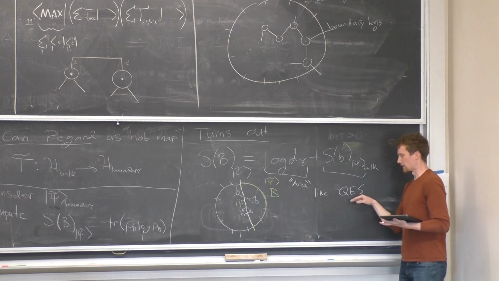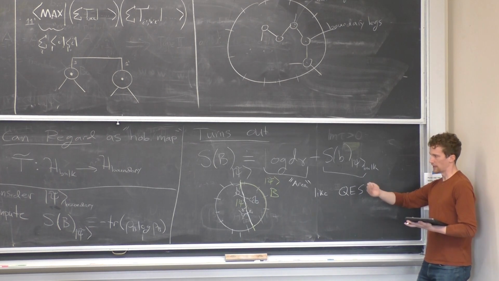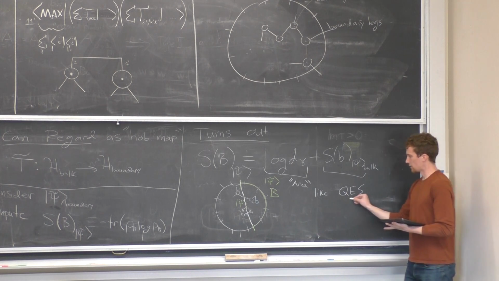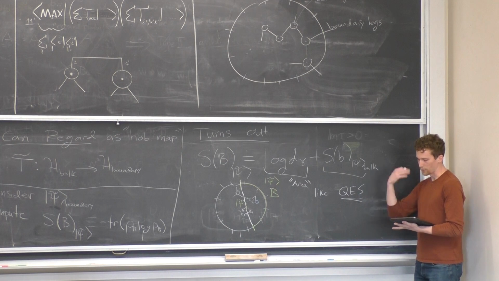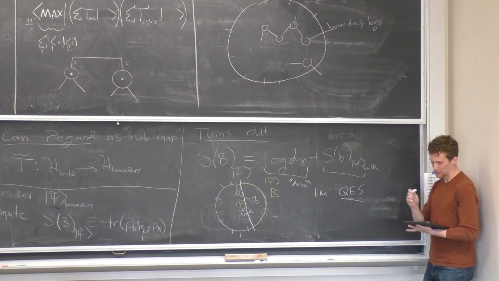So that's very much like the quantum extremal surface formula. You find the minimal surface that minimizes this quantity. And of course, this is like the QES formula if you ignore the fact that here there's no time direction. So there's no sense in which it's extremal in the time direction. But that won't bother us right now.